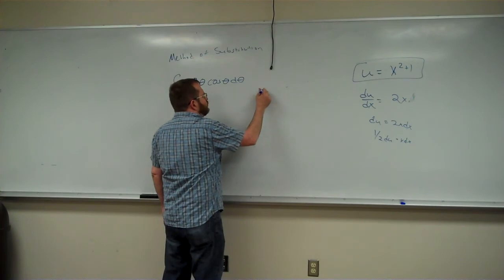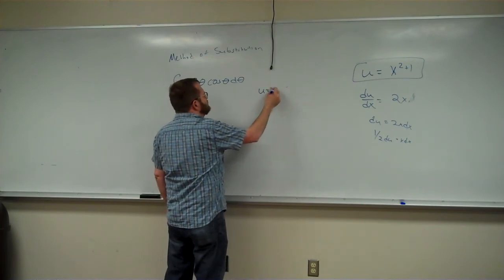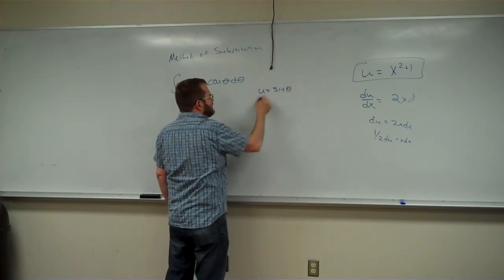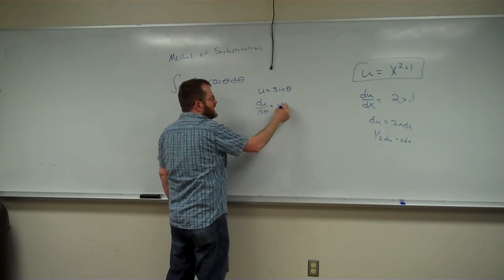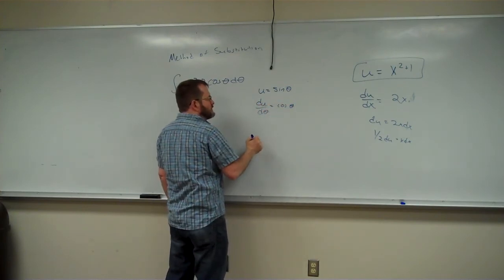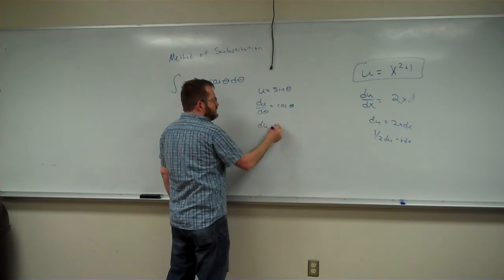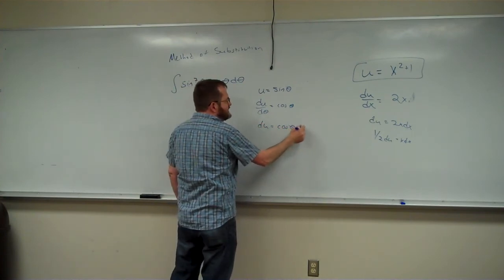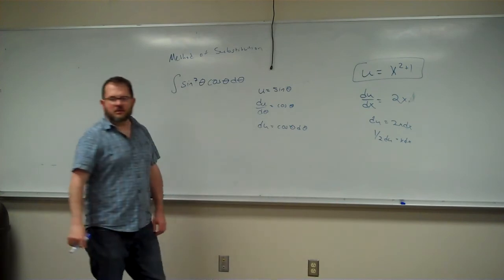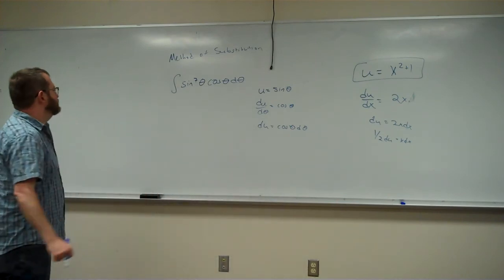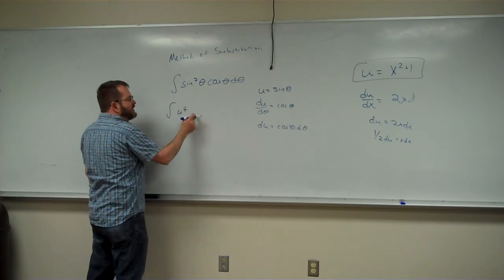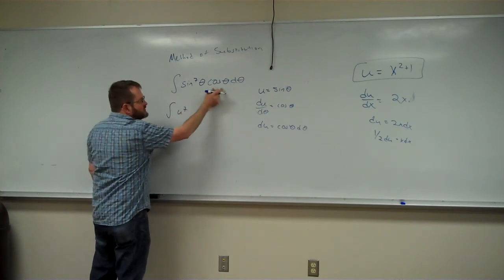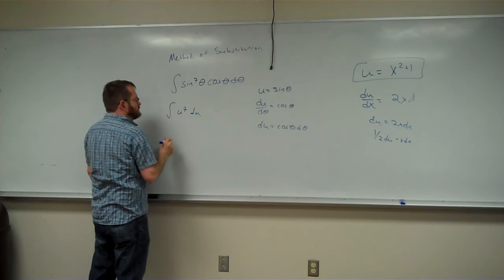If u was equal to the sine of theta, the derivative of u with respect to theta would be cosine theta, or du would be cosine theta d theta. So this would be the integral of u to the 7th power du.